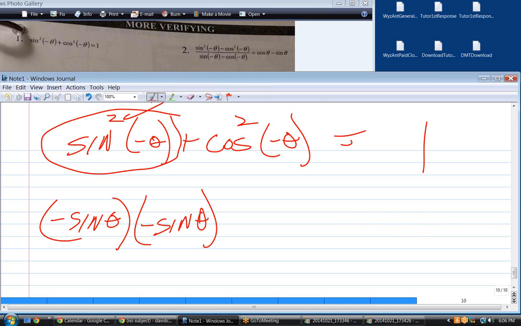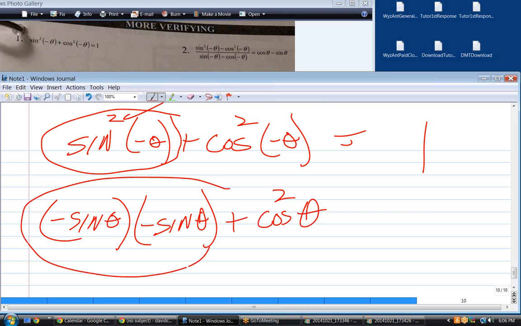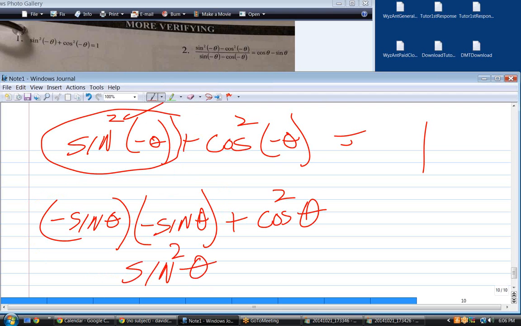Wouldn't matter in this case, but that's the same thing as cosine squared of theta. Well, what's that equal to? Sine squared theta. Yeah, positive sine squared theta plus cosine squared theta. What's that equal to? 1.